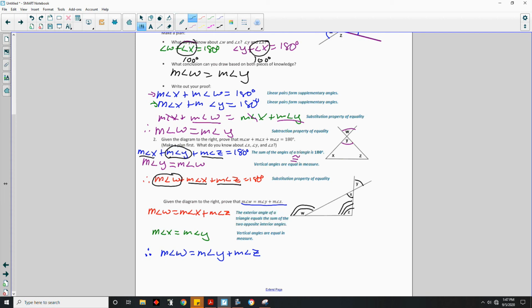Here's W. Here's W. It's equal to X plus Z. We knew that from the exterior angle theorem. But then we said X equals Y because they're vertical angles. So if X equals Y, we can take X and substitute Y in place of it. That's substitution. Okay, so the substitution property of equality says that the measure of angle W now is equal to the measure of angle Y plus Z.